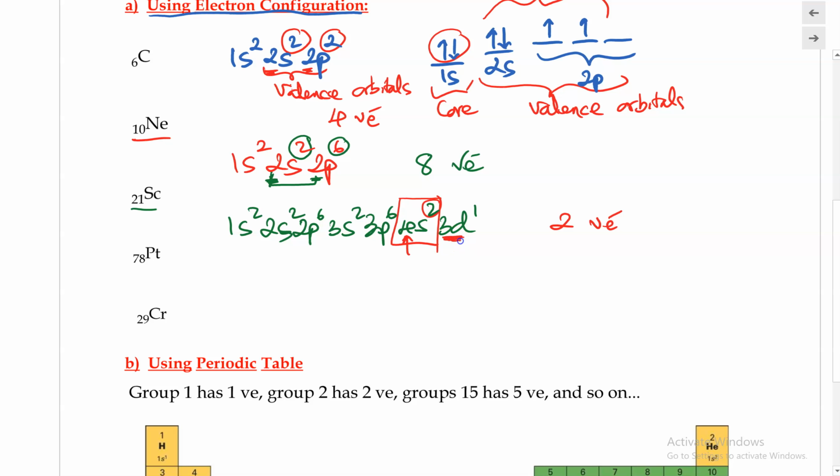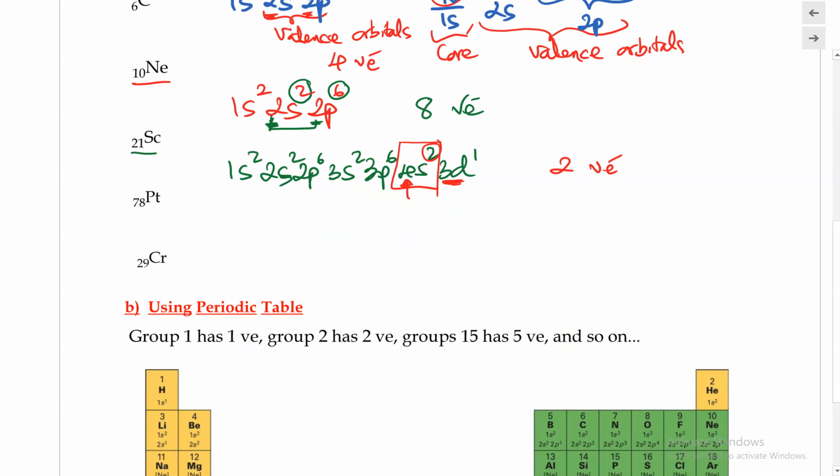However, this 3d is closer to the nucleus compared to the 4s. So one is the distance from the nucleus and the other one is the energy. When we fill electrons into orbitals, we fill them based on the energy of the orbitals. But in terms of distance, the 4s will be further away from the nucleus than the 3d. And that's what a valence electron would be.